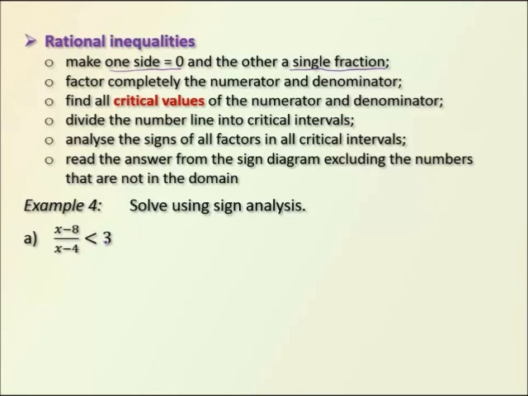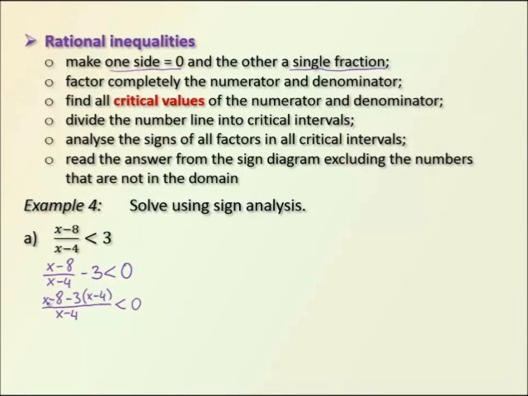Okay, so the first step would be to move the 3 to the other side, smaller than 0, and then create a single fraction. That means put these two quantities under common denominator, x minus 4. So the numerator here is x minus 8, and then it's minus 3 times the denominator x minus 4, smaller than 0.